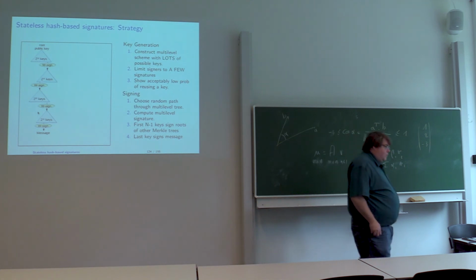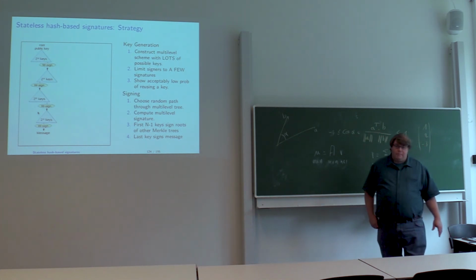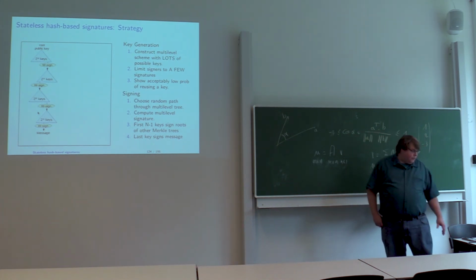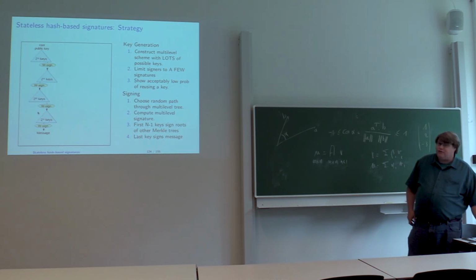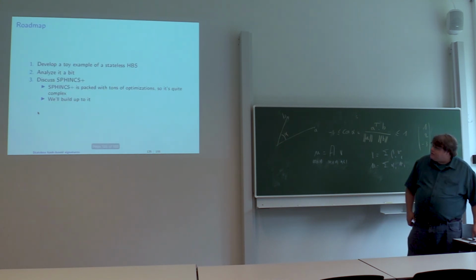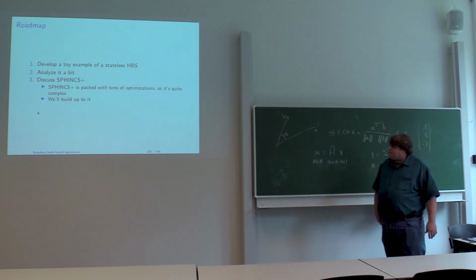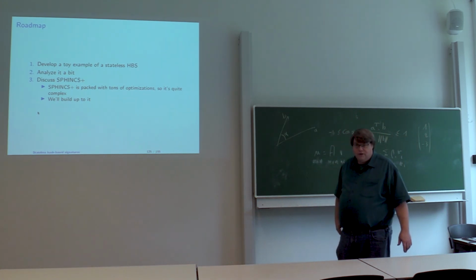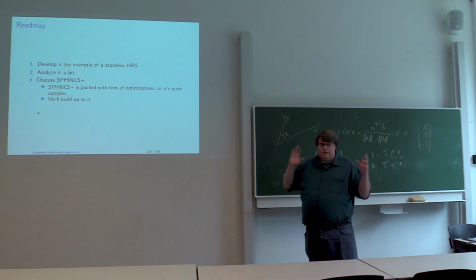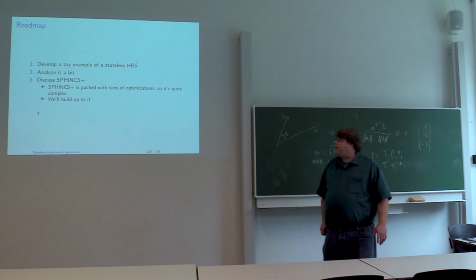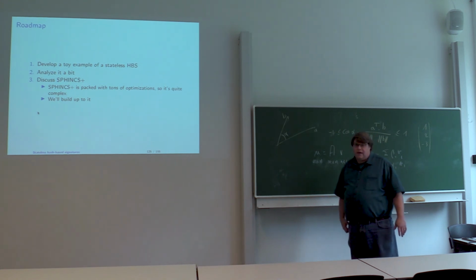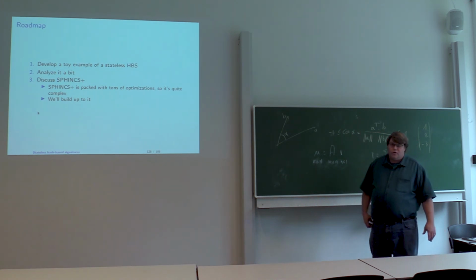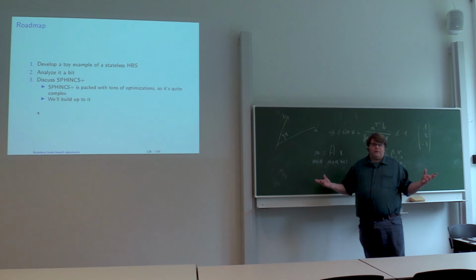Okay? So from all the pieces we've built up over the last hour and 30 minutes or so, you can see how this is going to work, right? So the roadmap here: I'm going to show you a toy version of a hash-based signature that we can show on a diagram and see how it works. And then I'm going to use that to talk a little bit about SPHINCS+ and a little bit about Gravity-SPHINCS, which are existing stateless hash-based signature schemes that you can actually use.